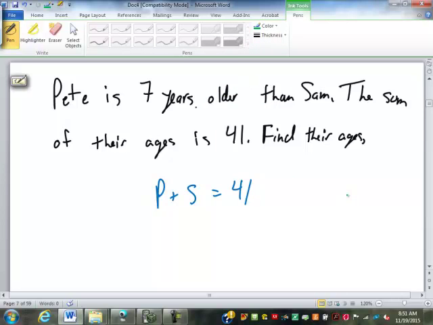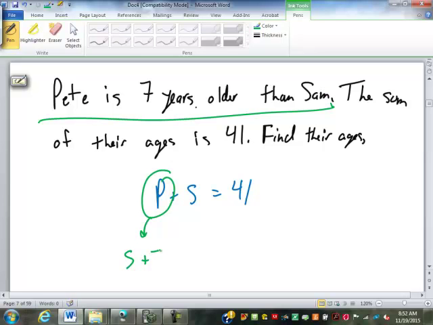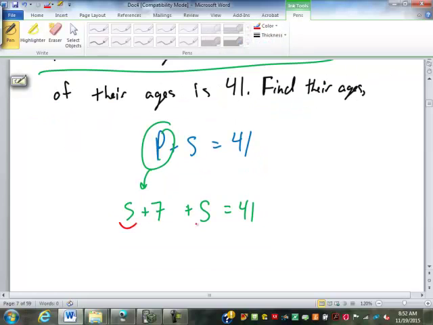Can we reference one of them off the other? Well, Pete is 7 years older than Sam. So what does that mean? That means that P is S plus 7. Sam plus 7. Does that make sense? So Sam plus 7 is Pete, plus Sam equals 41. So now we have S and S make 2S plus 7 equals 41.